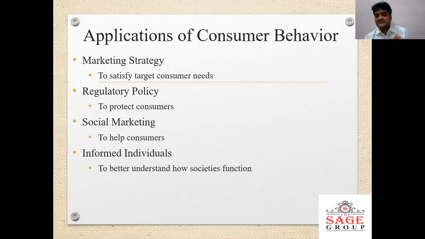The last one says informed individuals to better understand how societies function. As I told you in the first class, the unit of any organization is who? The individual. A person can be a part of an organization, can be a part of society.